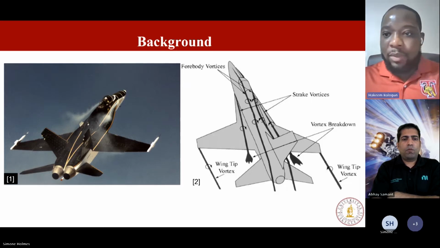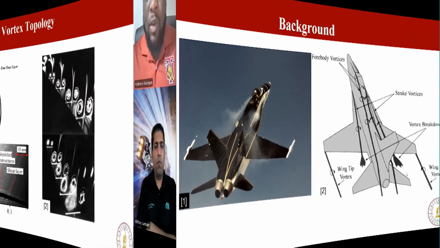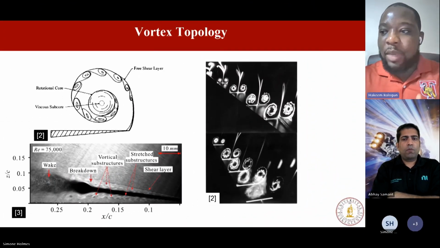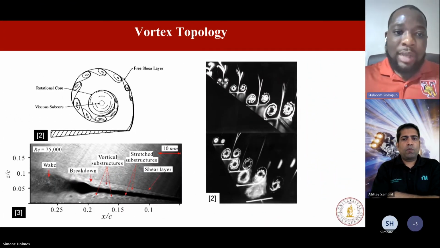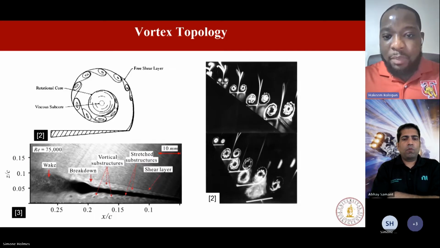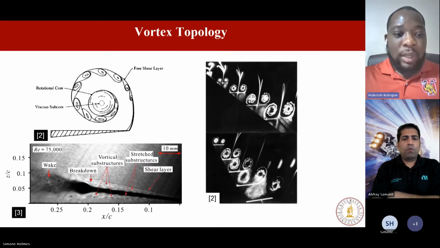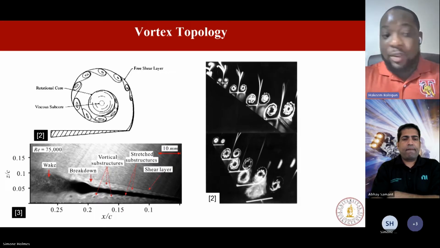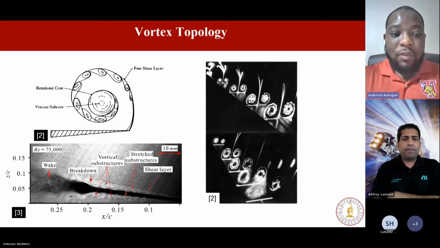Next slide, please. In order to really talk about leading edge vortices, I need to describe some of the vortex topology. If you look at the top left image, it shows that delta wings produce leading edge vortices along the suction side of the wing. These vortices are formed by a characteristic shear layer rollup along the leading edges of the delta wings.